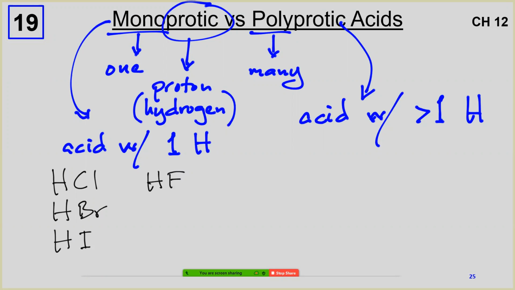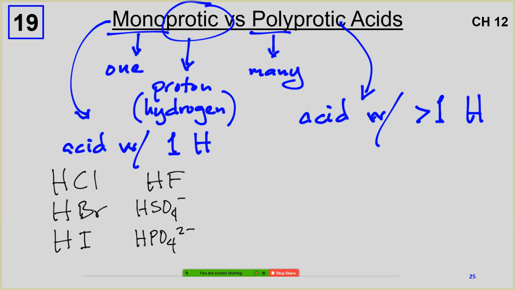So these are all good examples of a monoprotic acid. You can also have HSO4 minus, with one ionizable proton. You can have HPO4 2 minus. It has one ionizable proton. So these are all examples of monoprotic acids.